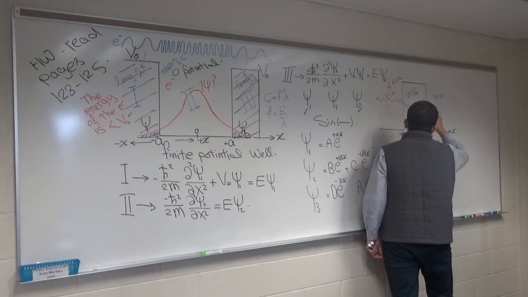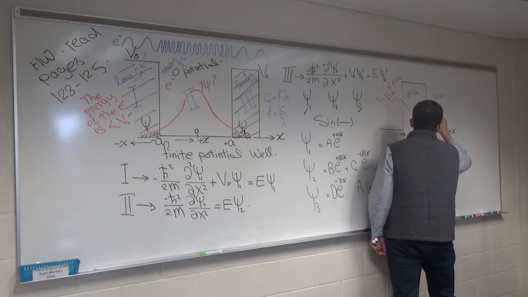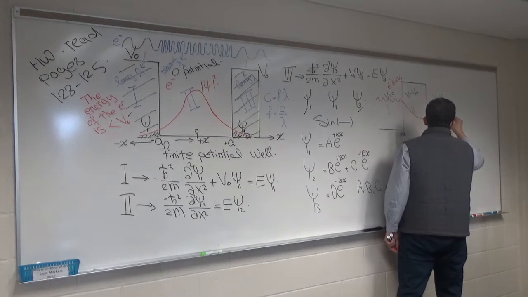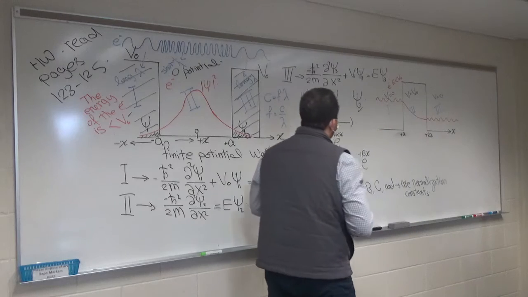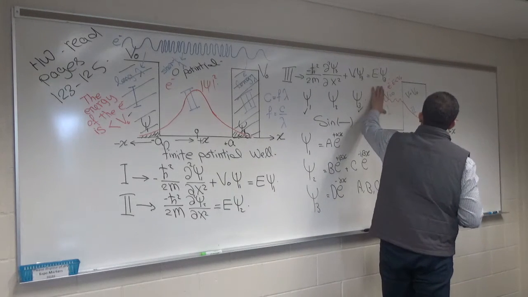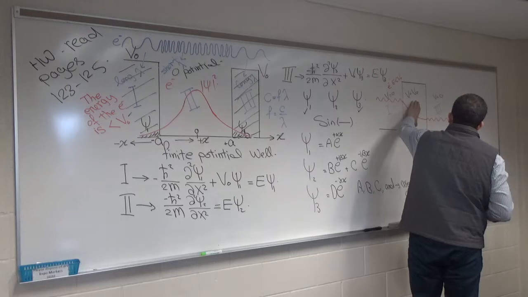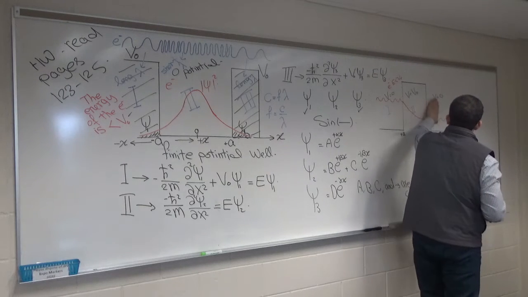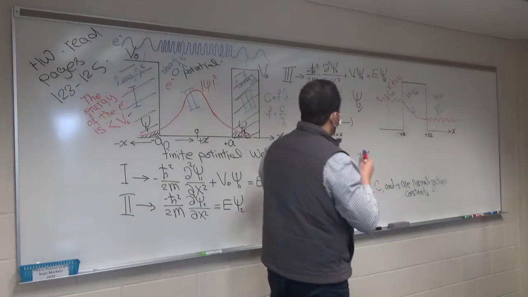So the probability of having the electron inside will go down, until the electron goes out from the other side. So you can see that there is probability to have the electron here, and also here, and also right here. So this is what will happen.